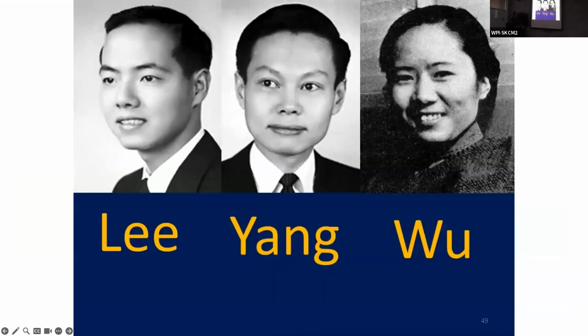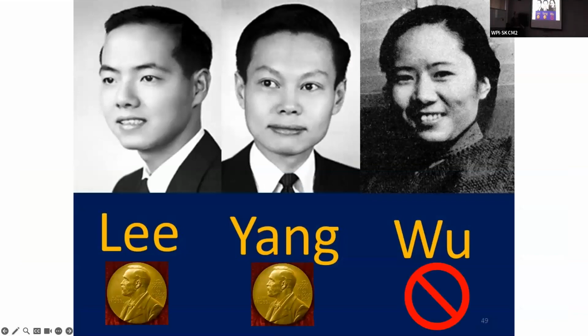Incidentally, the theorists who predicted this effect, Li and Yang, won the Nobel Prize for this, but the peerless experimentalists who showed that this was so in a very challenging experiment did not share the Nobel Prize, even though there was plenty of room for a third laureate.